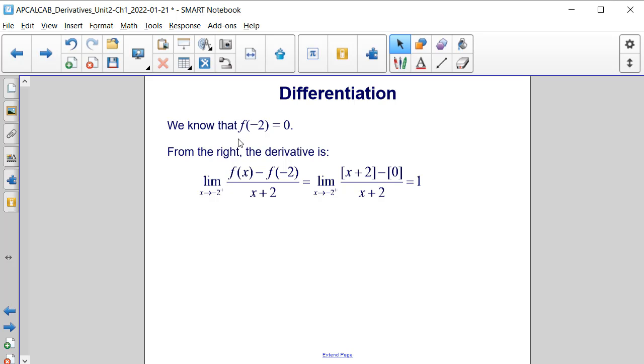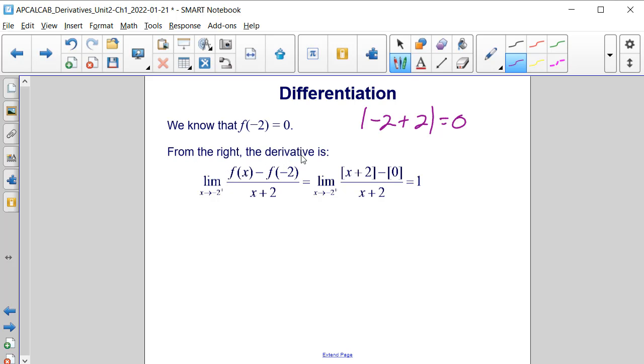We know that the function evaluated at negative 2 will be equal to 0 because the absolute value of negative 2 plus 2 will be 0.